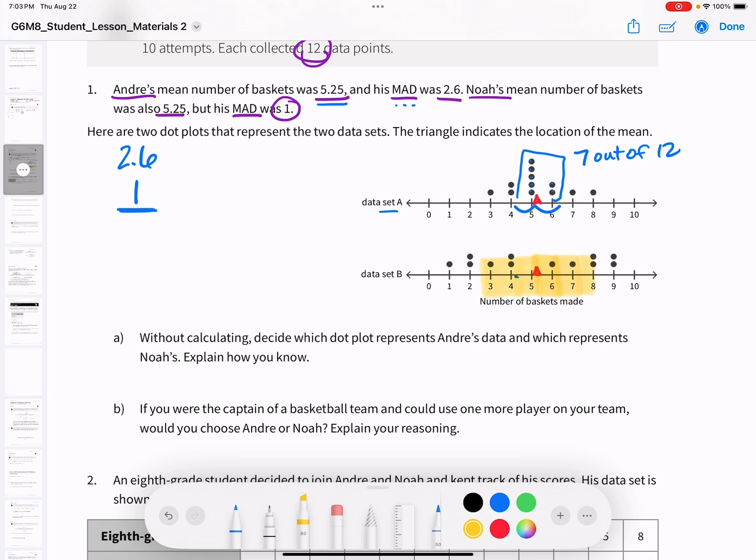That we have hit a good majority of our dots. So knowing that, I would say data set A has a MAD of 1. And who has the mean absolute deviation of 1? That's Noah. So I would say data set A is Noah, and data set B with a MAD of 2.6 is Andre.